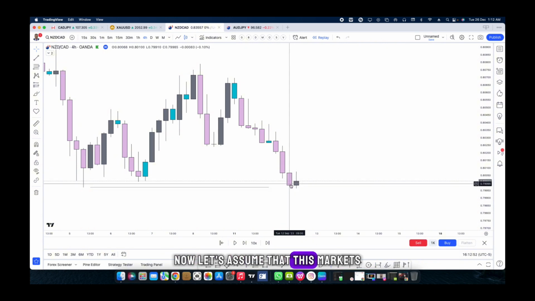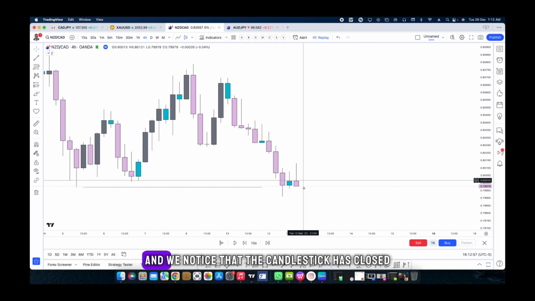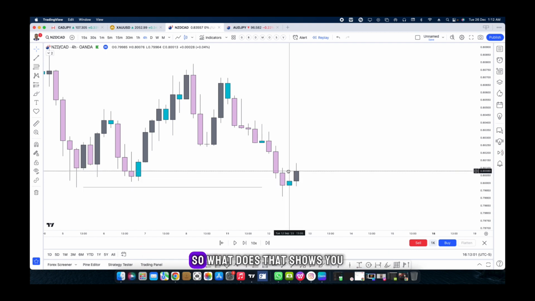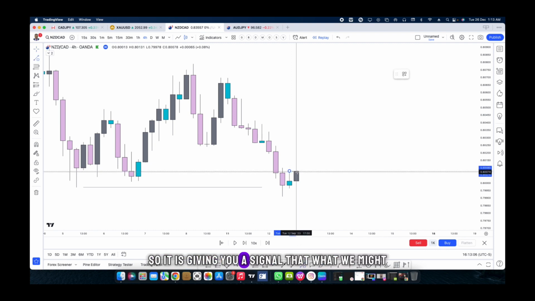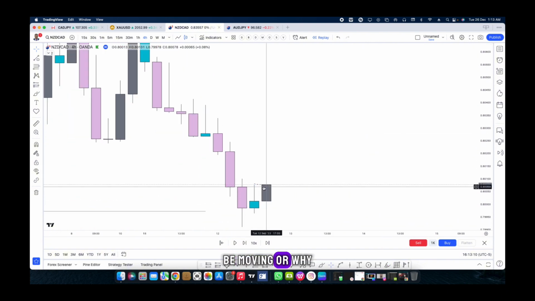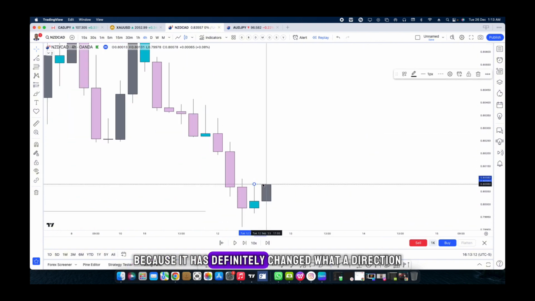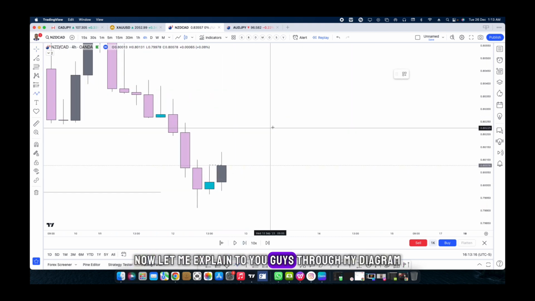Now, let's assume that this candlestick has not closed. Then let's fast forward, and we notice that the candlestick has closed to the top side. What does that explain to you? It is giving you a signal that we might be moving up. Why? Because it has definitely changed direction.